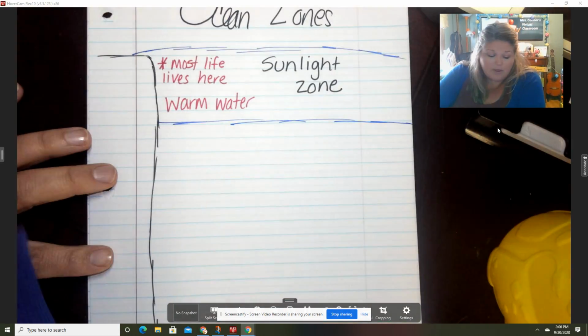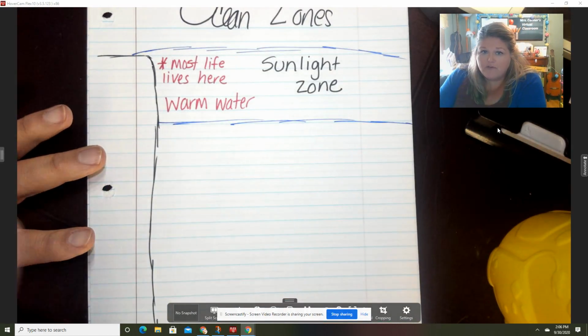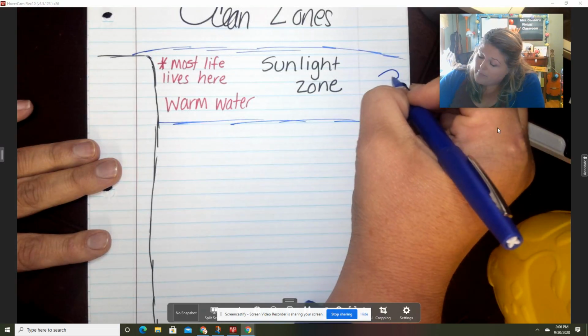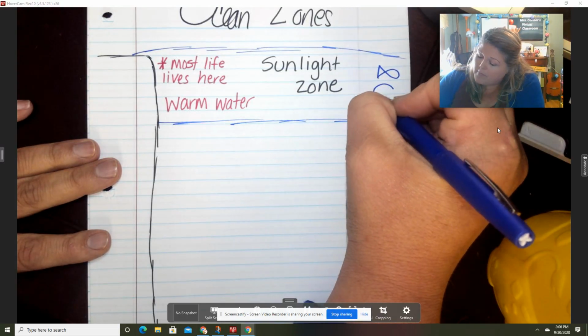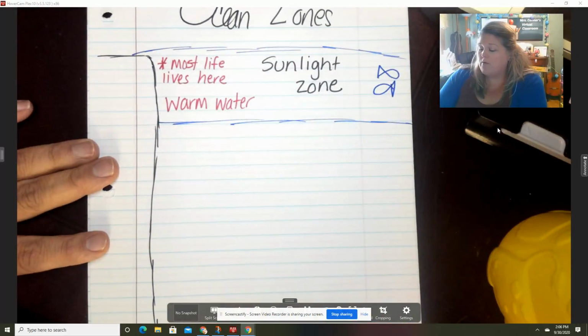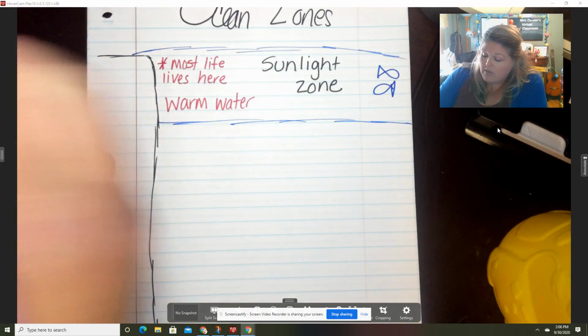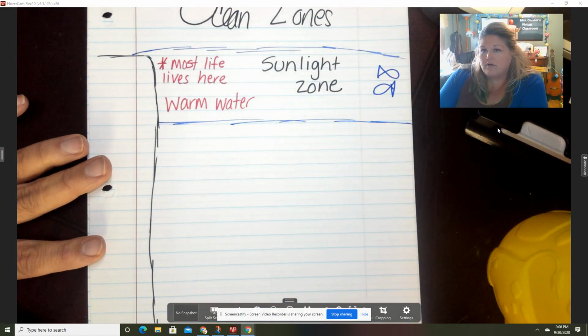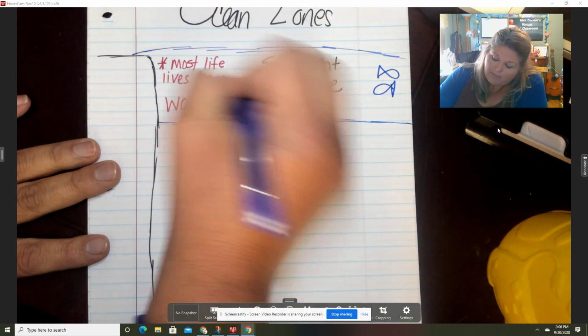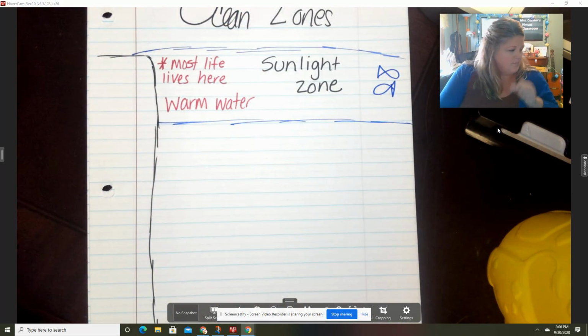Okay, I'm going to draw some amazing little fish for you. So there's my little fish. I'm not going to draw a shark because I don't do a very good job, but this is where most of the life lives.